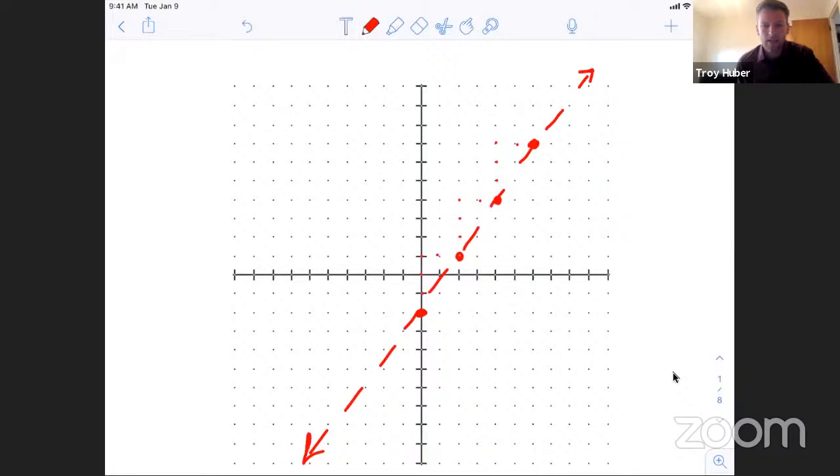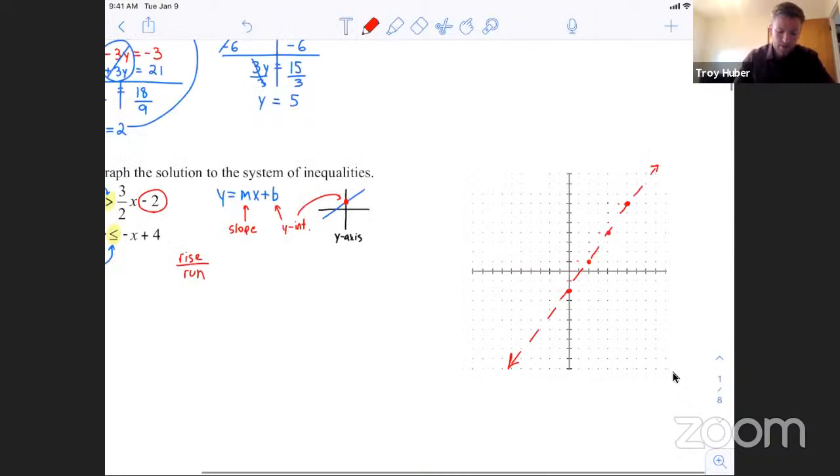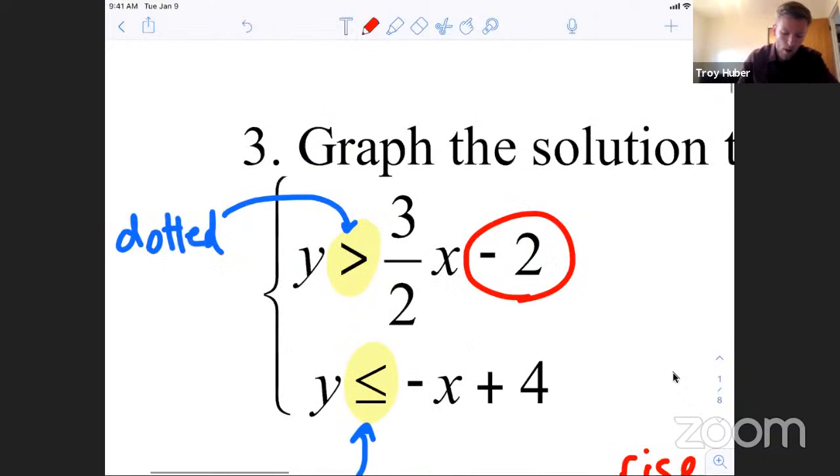All right, the last part is just to determine where we want to highlight. Do we highlight above the graph or below the graph? So we have to come over here. See how y is greater? Pac-Man always eats the bigger number. So y is greater, therefore we shade above the graph.